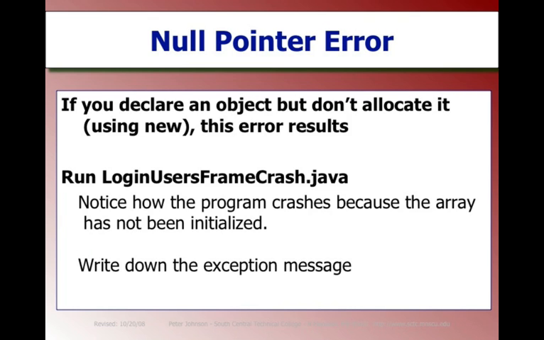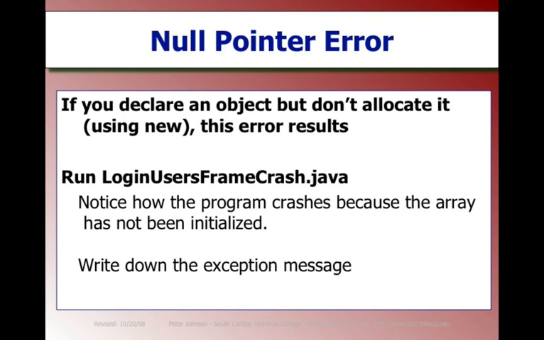So let's try a try catch on the null pointer error. And if you'll run the LoginUsersFrameCrash, notice how the program crashes because the array hasn't been initialized. What's the exception message that you get when you run the program? Null pointer exception, absolutely.